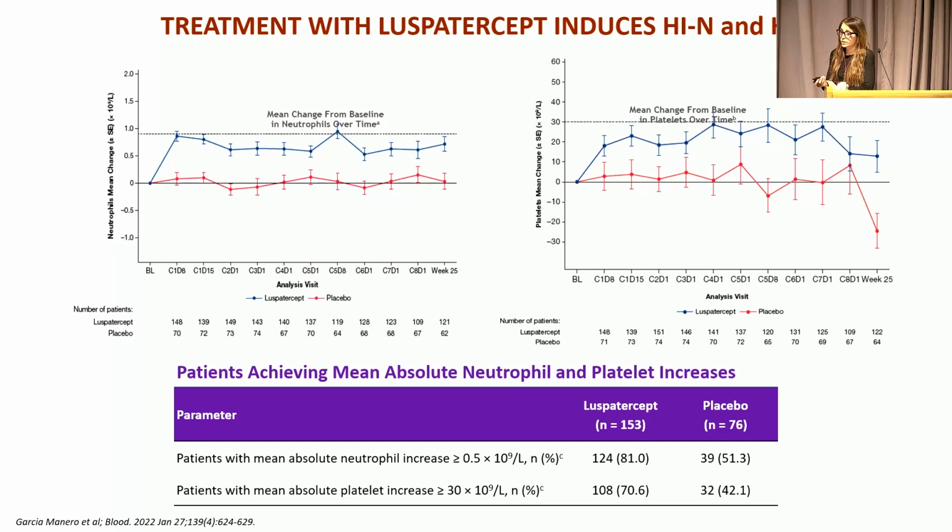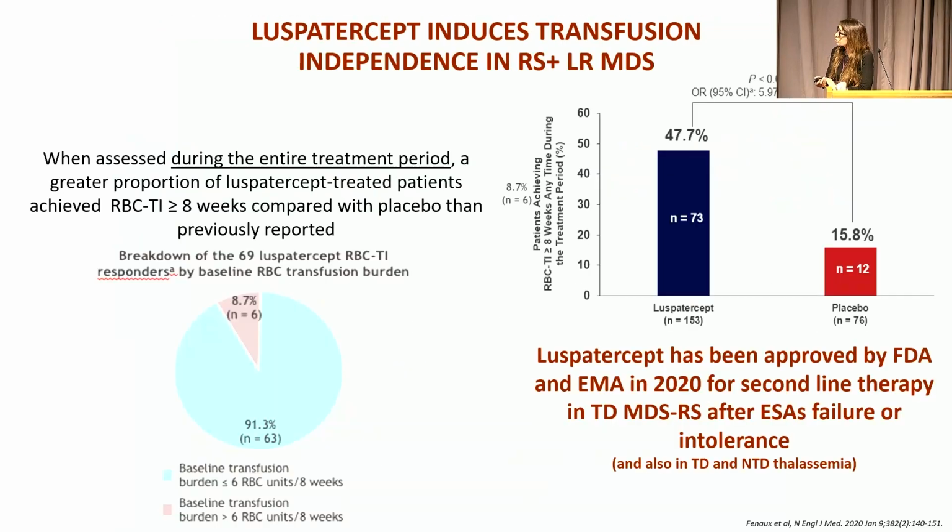Together with the fact that hematological adverse events were not observed with luspatercept, we could say that luspatercept could be a safe drug for patients who are not only anemic but thrombocytopenic and neutropenic too.